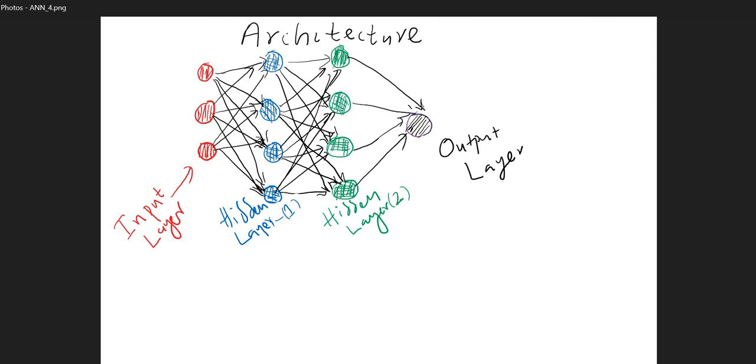Inside the hidden layers, the calculations and computations happen. The output layer gives the output. The input layer is given by the letter x, and there can be multiple hidden layers. So that's all about the architecture of the neural network.